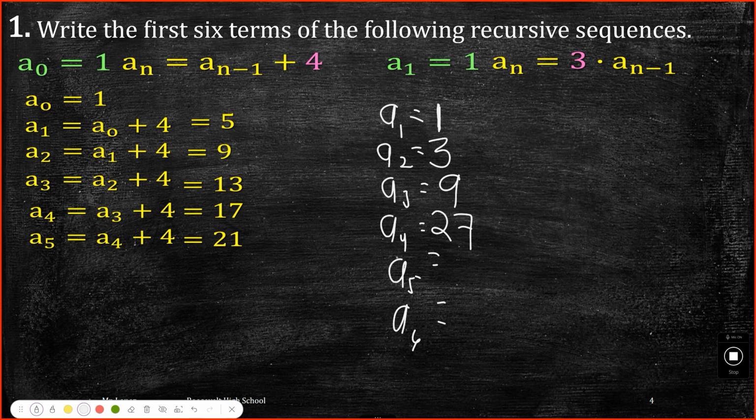What happened here? A1, A2, A3, A4, A5. What's A5? What is A4? I can't even read my own. A6. 243.